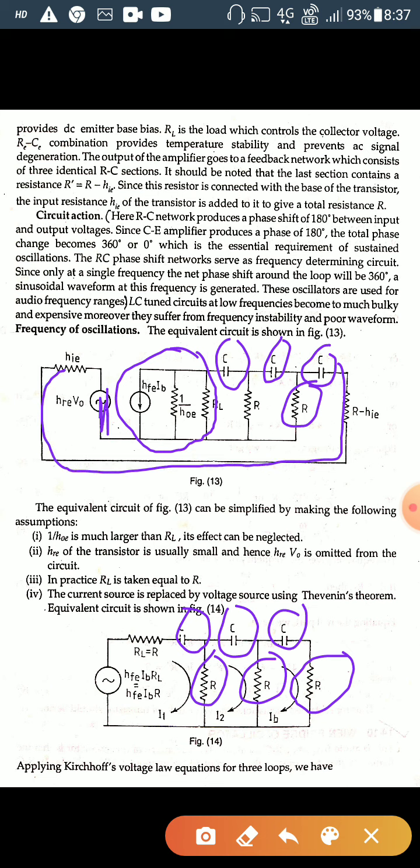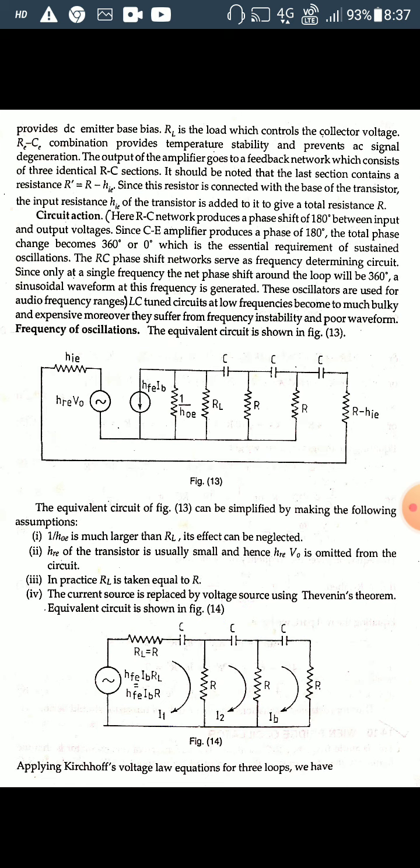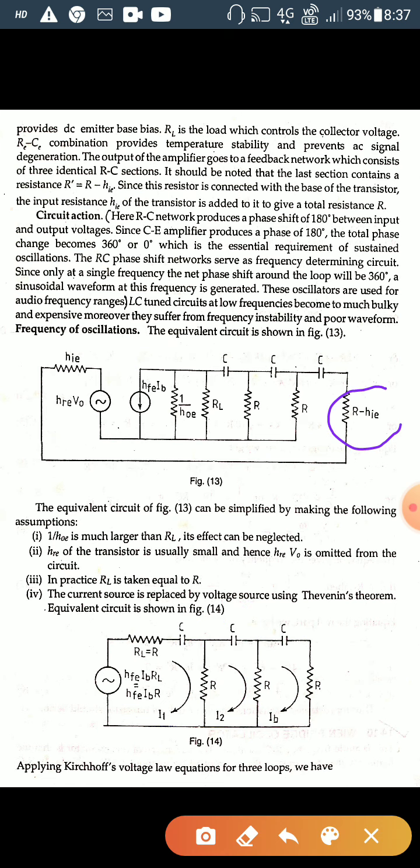This is the short circuit, so this can be treated as this section connected there. Due to this, we consider R dash as the value of R minus h_ie. If we add h_ie, then the ultimate value will become R. So for this reason it is written as R, which is connected. This is the short one, so it is connected in this position.